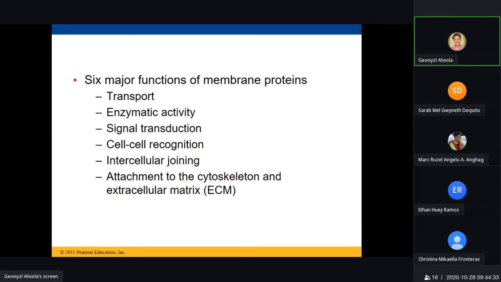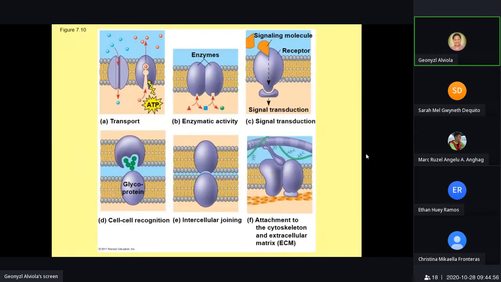So, 6 major functions of the membrane proteins. Number 1, transport, enzymatic activity, signal transduction, cell-to-cell recognition, intercellular joining, and attachment to the cytoskeleton and extracellular matrix. So remember those functions. First is transport. Next is enzymatic reaction. An enzyme is needed for it to recognize the molecule, then the molecules will have a reaction.